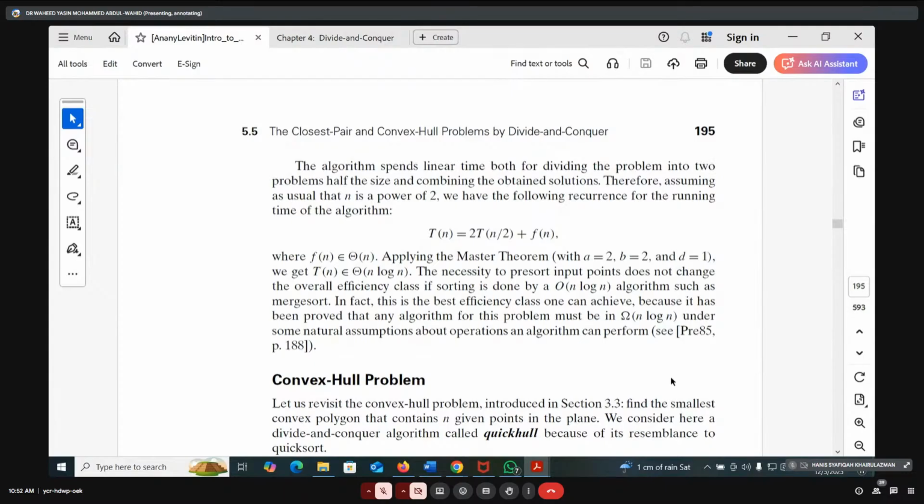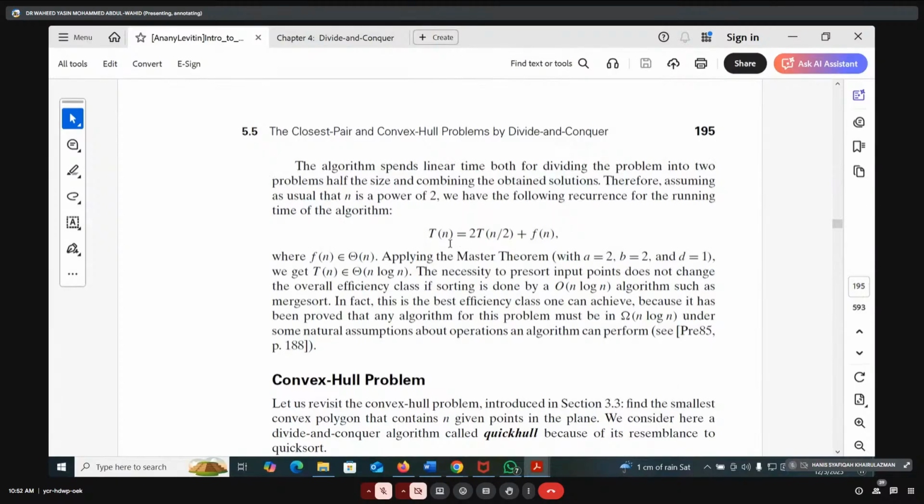Here is the analysis: dividing the problem into two problems of half the size and combining the obtained solutions. Therefore, assuming as usual that n is a power of 2, we have the following recurrence for the running time of the algorithm.